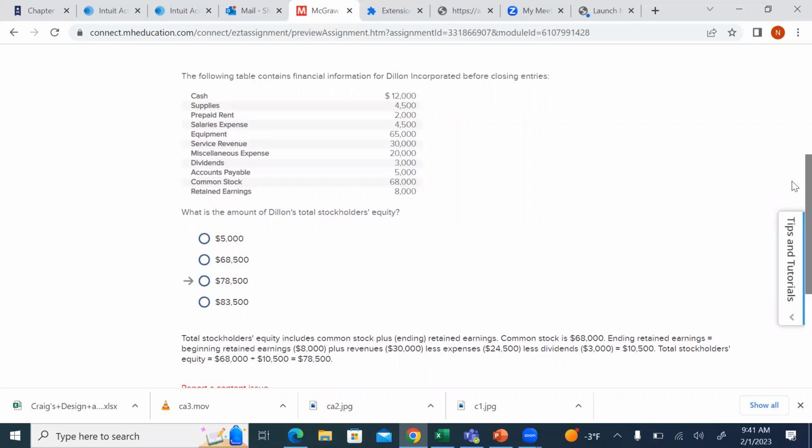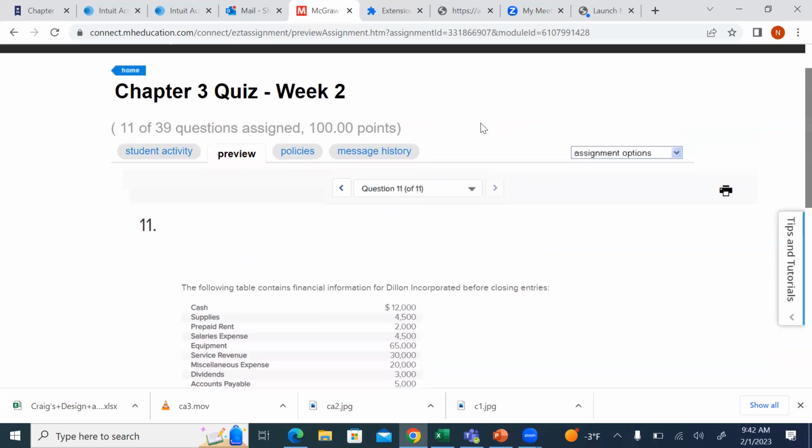You'd add your revenues, you'd subtract your expenses, you'd subtract your dividends. So you'd know the ending balance of retained earnings has to be 10,500. Okay? So the total stockholders' equity is common stock plus retained earnings. So what this problem is making you do is take your beginning retained earnings, add your net income from your income statement, and subtract your dividends. Make sense? That's it.